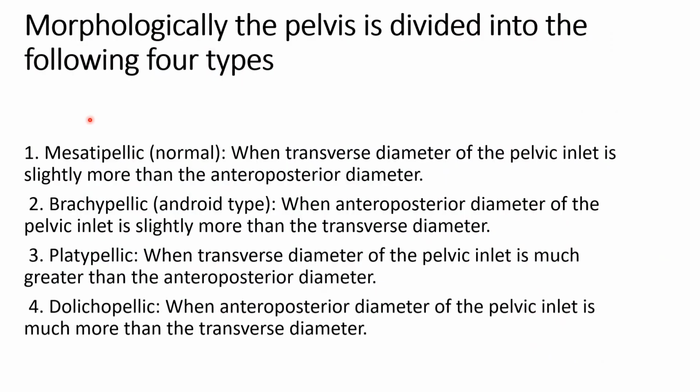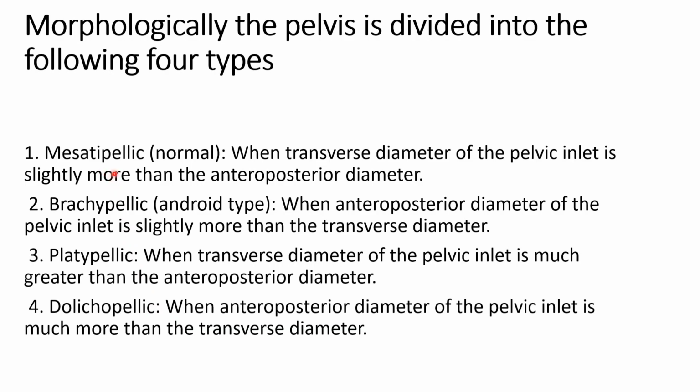On the basis of pelvic index, which is the ratio of anterior posterior diameter to widest transverse diameter multiplied by 100, pelvis is morphologically divided into 4 types: mesatipelvic pelvis, which is the most common form; brachypelvic pelvis, platypelvic pelvis, dolichopelvic pelvis.